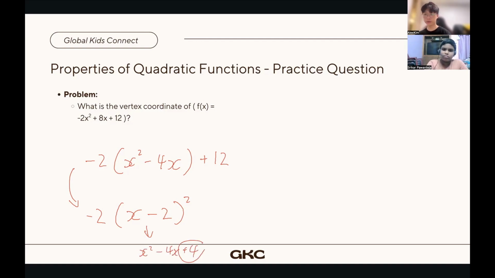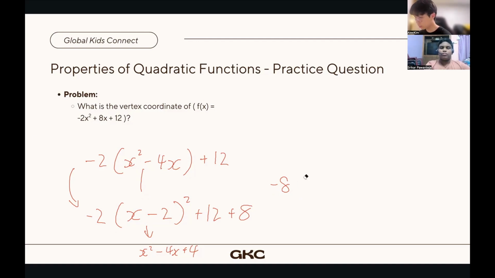And so we want to get rid of this extra plus 4. But before we do that, the plus 4 will be multiplied by this negative 2 so that we get an extra negative 8. But we don't want this extra negative 8. So at the end, we will add another positive 8, to get rid of this negative 8 that we created from going from this expression to a squared expression.